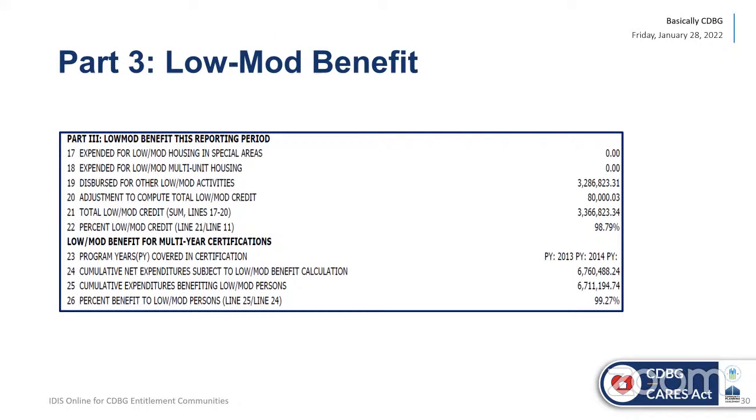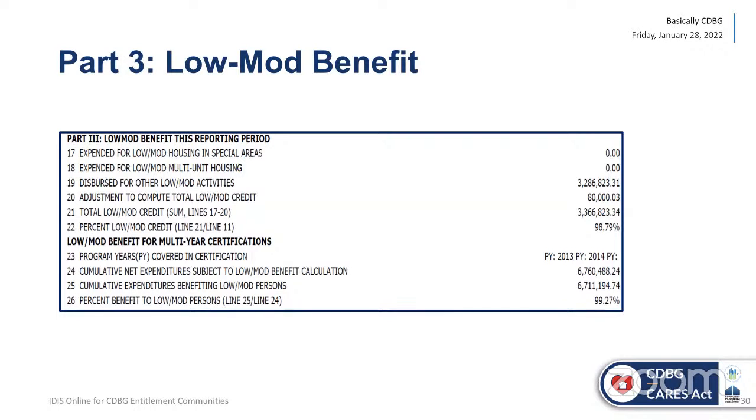So Part 3 is to calculate your low mod benefit percentage. Remember, CDBG funds have to benefit 70% low mod persons. In this area, we calculate how much funds have been used to benefit low mod income persons. That includes the funds for housing, limited clientele, low mod jobs, and low mod areas.